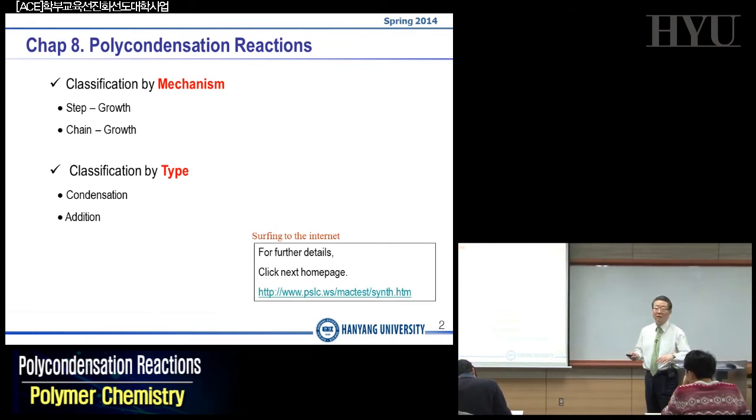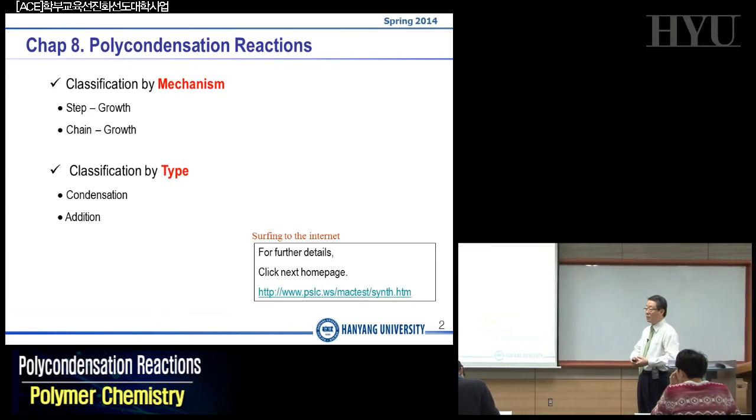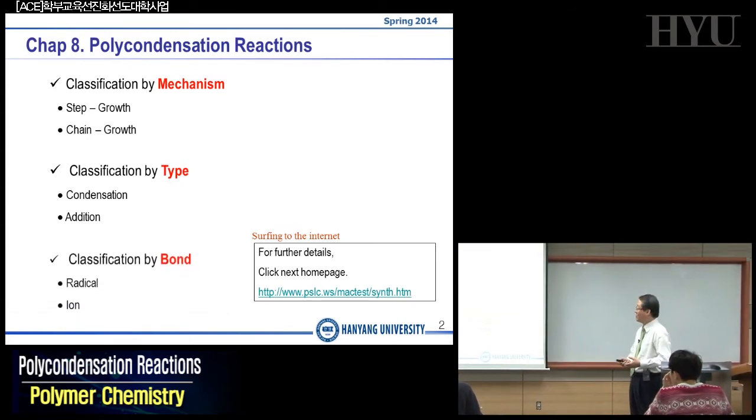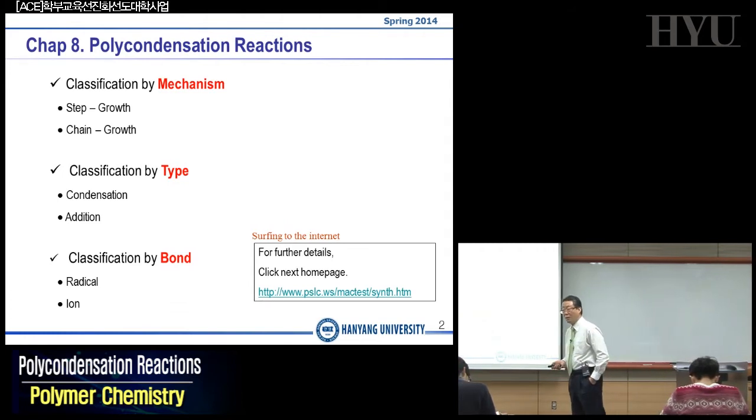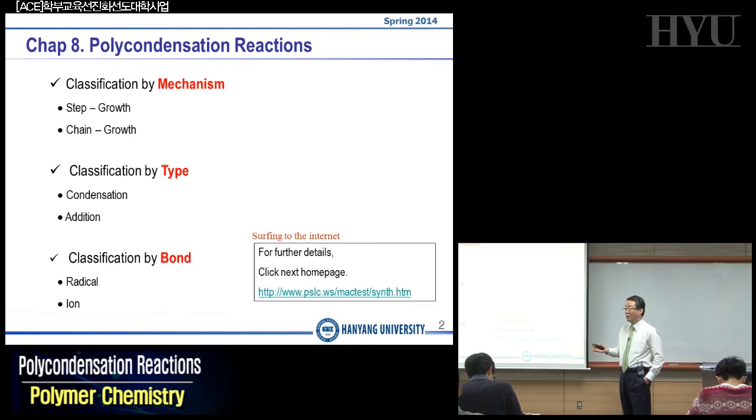We also can classify these polymerization reactions by the bonding, such as radical or ions. The radical: if you have a double bond, this double bond might be broken into two pieces, reactive sites.